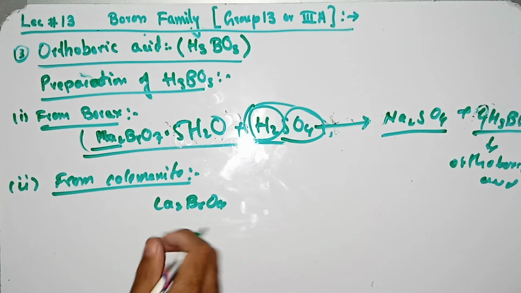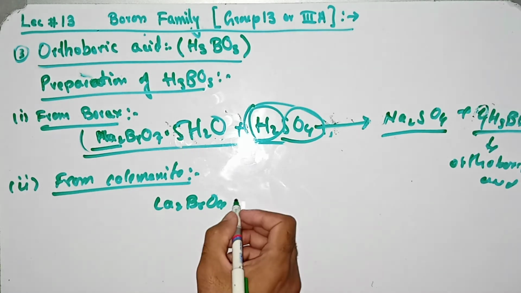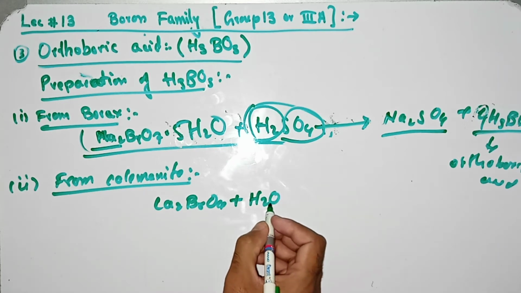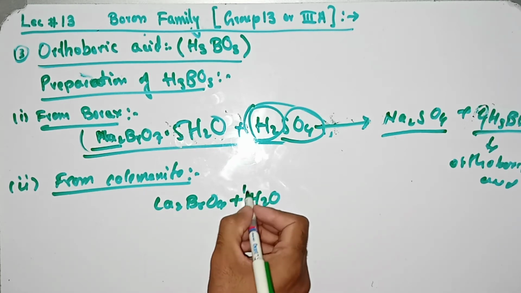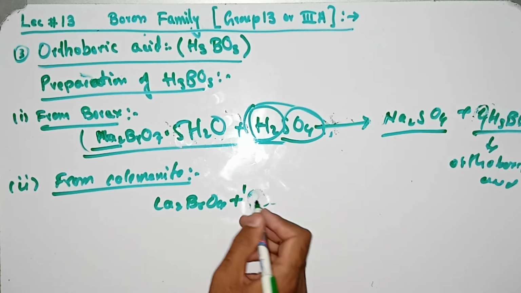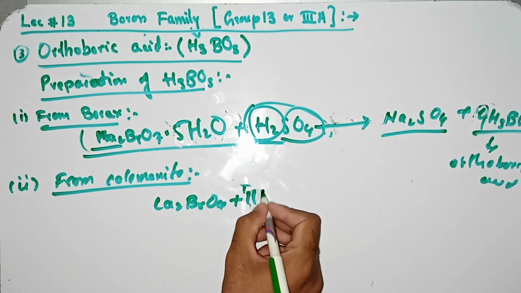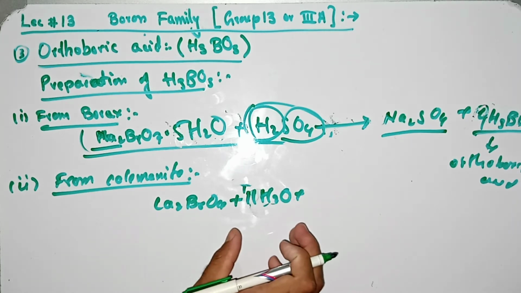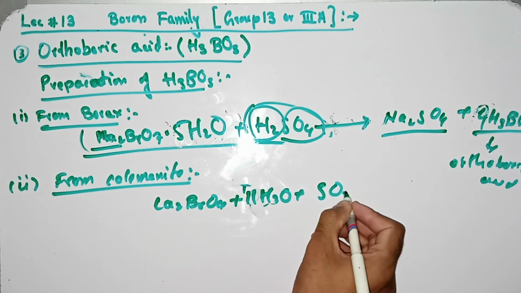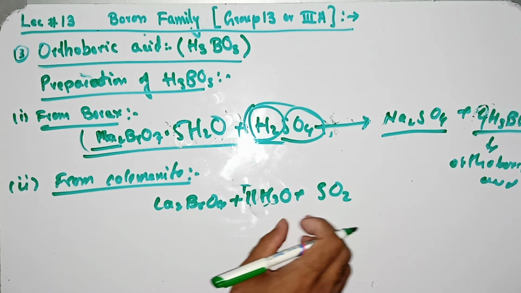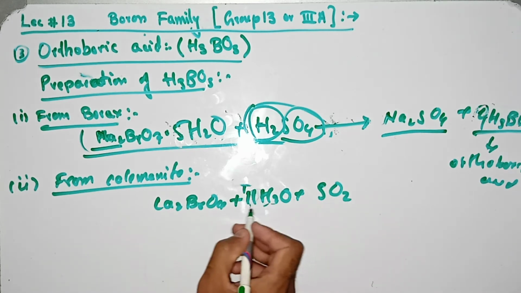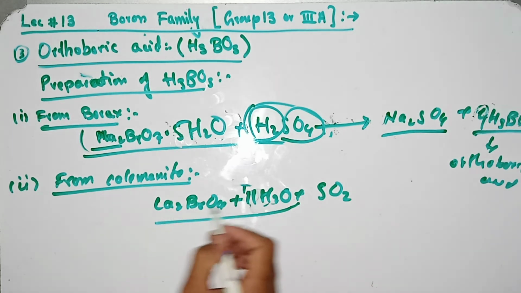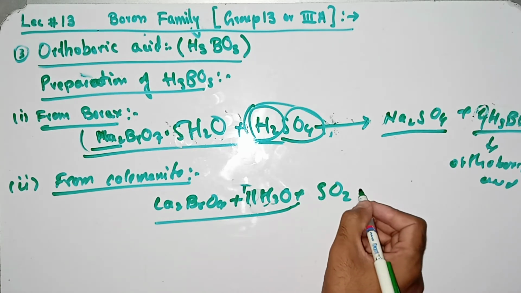When the mineral in powder form is mixed with boiling water, let's suppose with 11H2O, and sulfur dioxide is circulated through the suspension, it will produce boric acid.